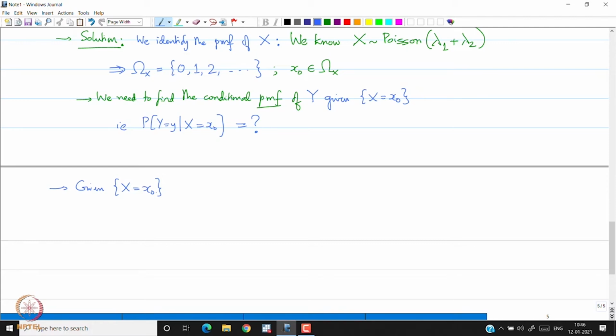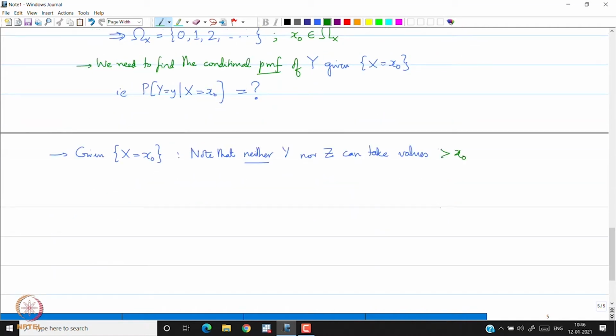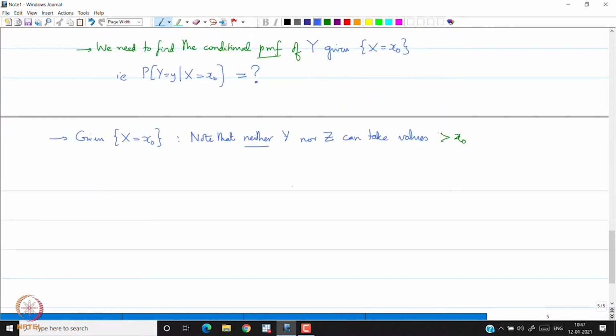So note that neither Y nor Z can take values bigger than x naught. Given that X has taken the value x naught, the maximum value that Y and Z can take has to be x naught.